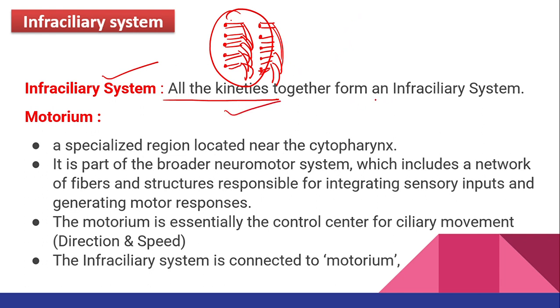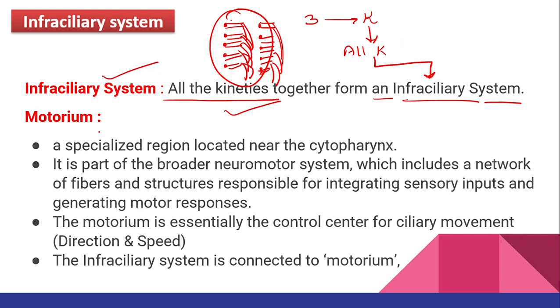So all the kineties together form the infraciliary system. When we consider all the kineties, we call it the infraciliary system. Correct? So what we have studied: the three components combined are called a kinety, and all kineties are called your infraciliary system.